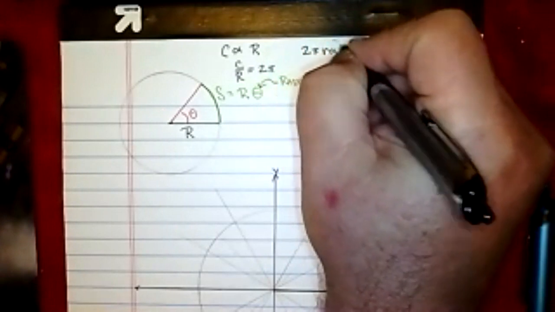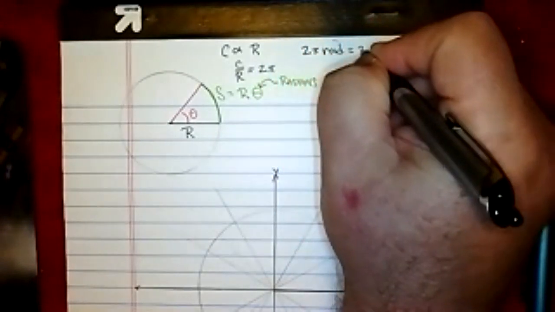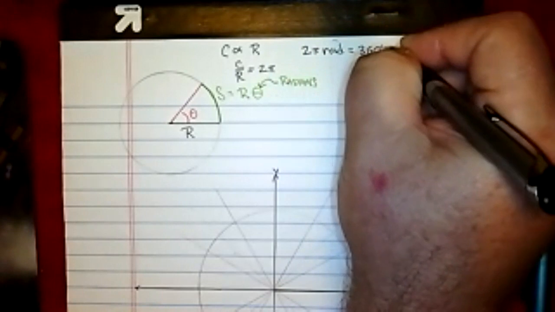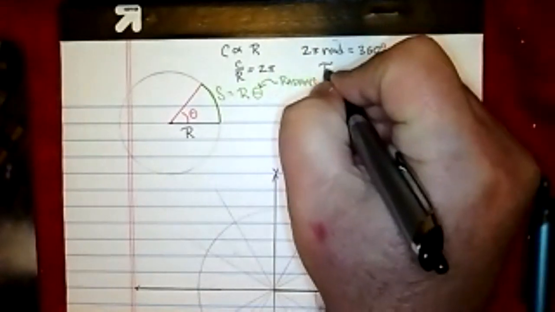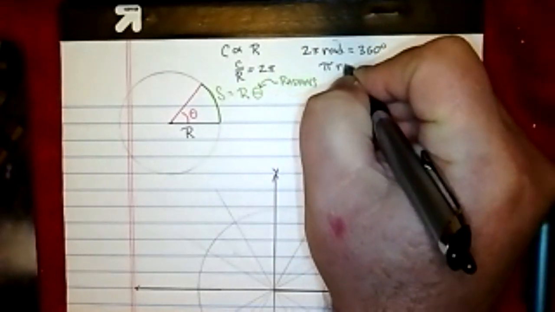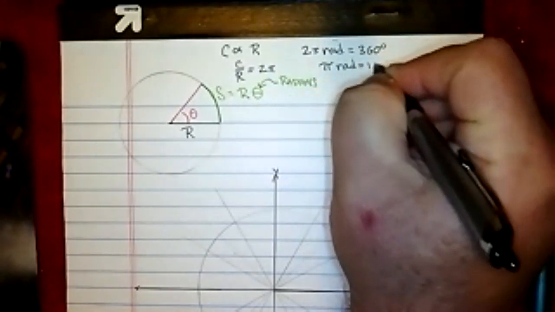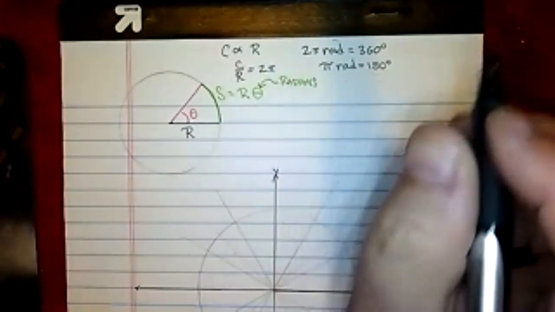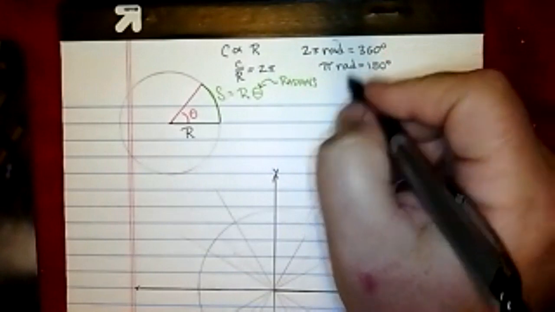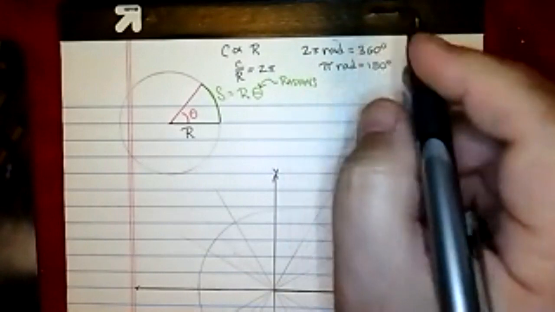We can see that 2 pi radians is equal to 360 degrees, or dividing both sides by 2, we could say pi radians is equal to 180 degrees. Again, you don't really have to write that radian out, but sometimes it's better to.